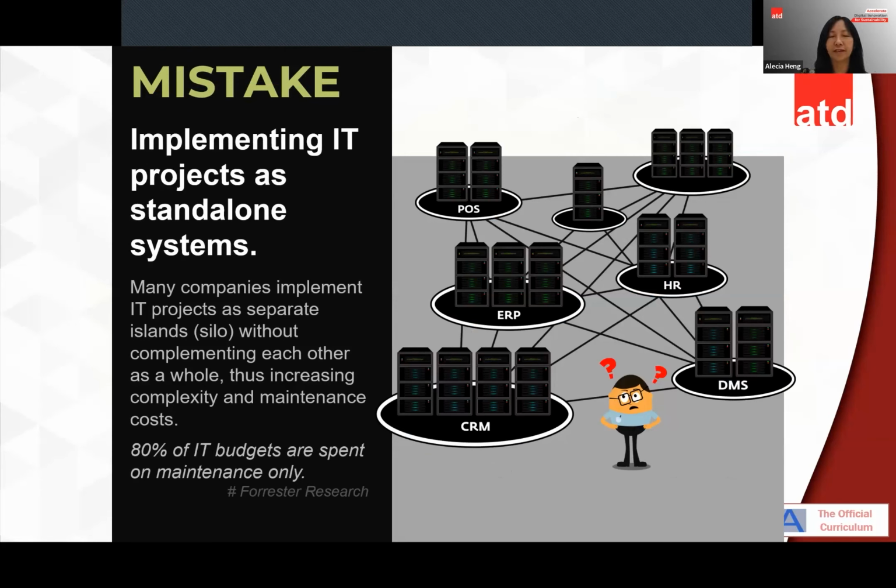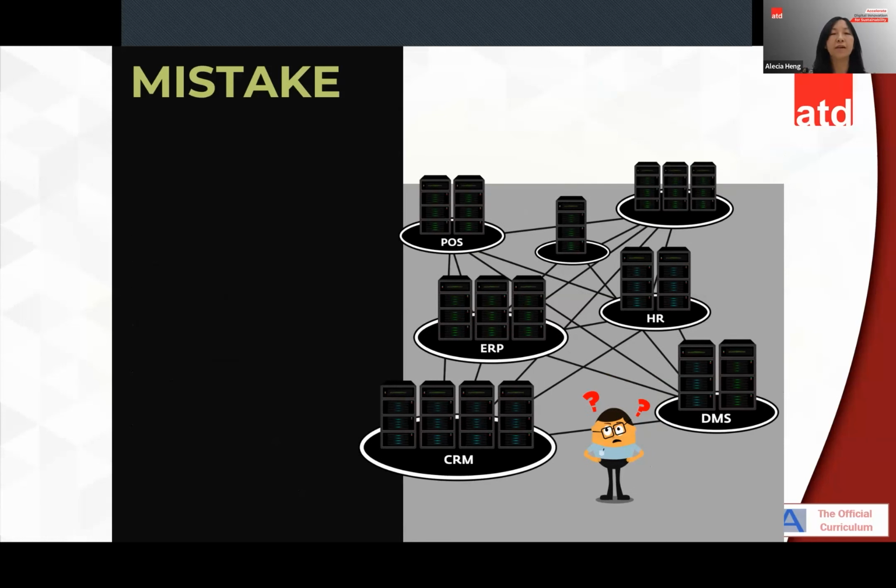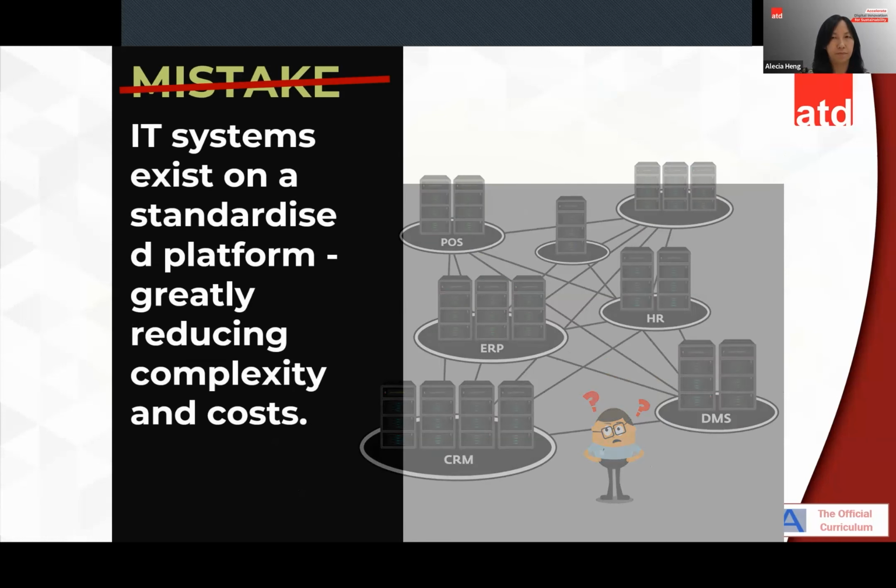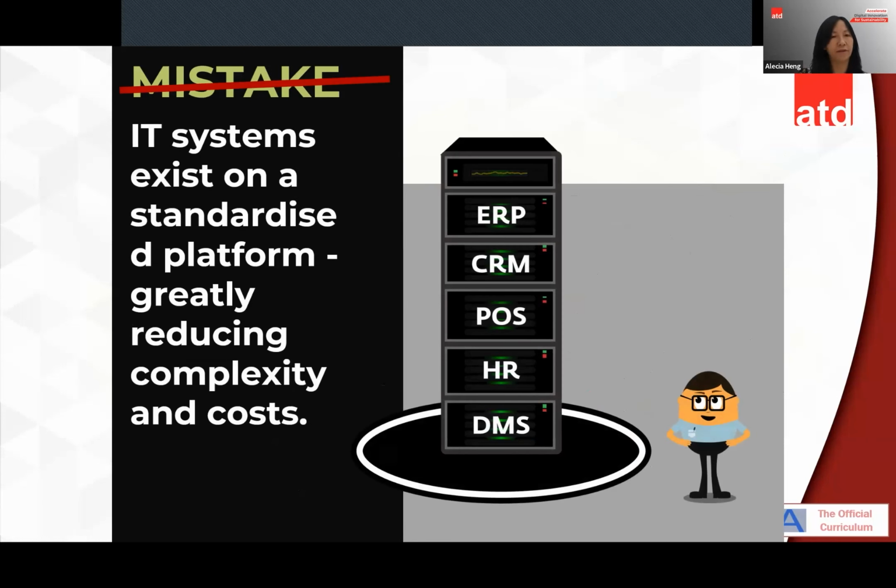So every project that came out, let's do cloud, let's do AI, for example, then we will create a project that has its own processes, its own database, its own infrastructures, and each one will become a silo. So how can we prevent that? So this is where the business technology architecture body of knowledge comes in, whereby we will look at the different areas and aspects.